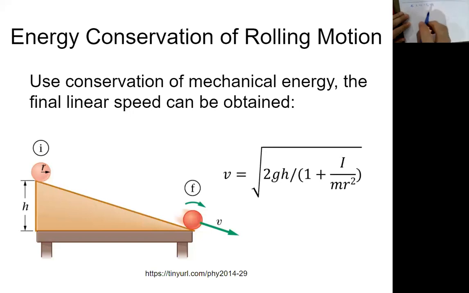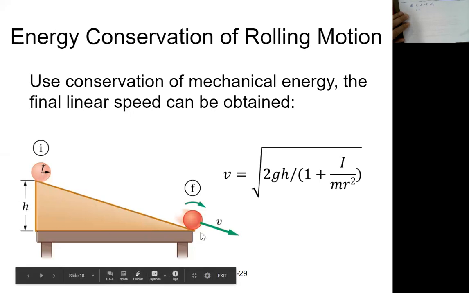All right. So for kinetic energy initial, the object is at rest and then rolls down, so kinetic energy initial should be 0, plus potential energy will be mgh, right? You can take the lower point as your ground level. So mgh.